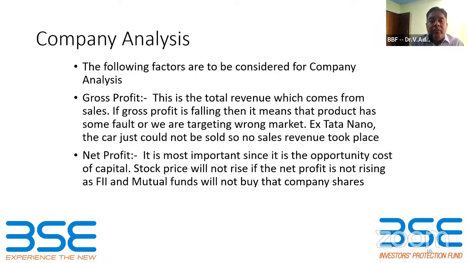If sales revenue is rising, it means the product is getting sold and the market has accepted it. If gross profit is not rising, it's a clear indicator that either the product has failed or we are targeting the wrong market. For example, the Tata Nano car just could not be sold because there was no sales revenue. So remember, friends, gross profit is very critical and important.